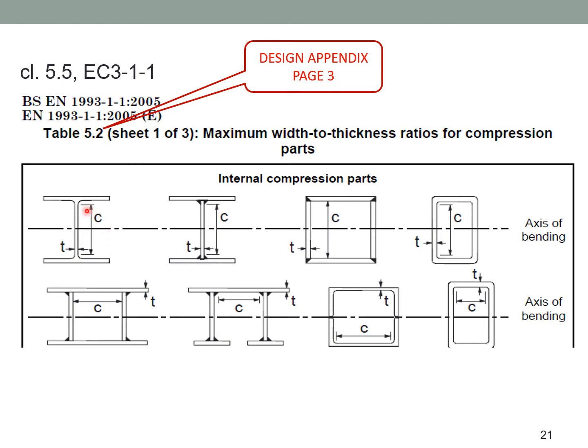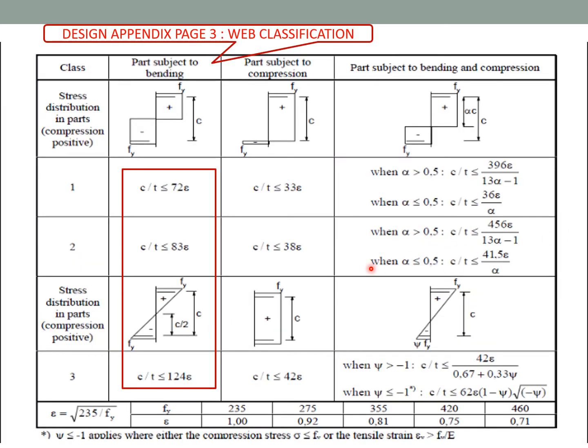The C value, taken from here to here, is actually the value of d, and it is divided by the thickness of the web. Then comes the web classification, so you need to get the ratio of C over t. C just now is the d value, then you divide by the thickness of the web.